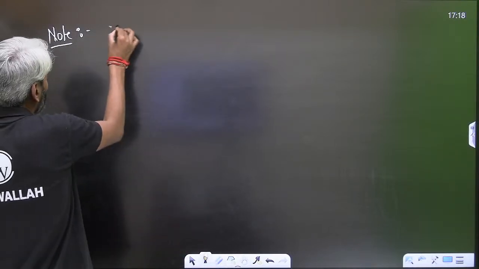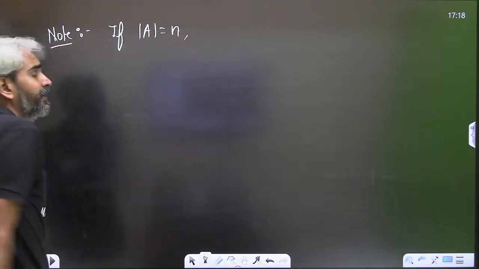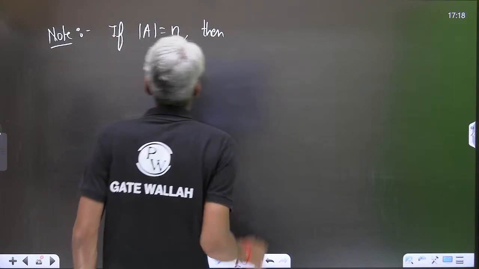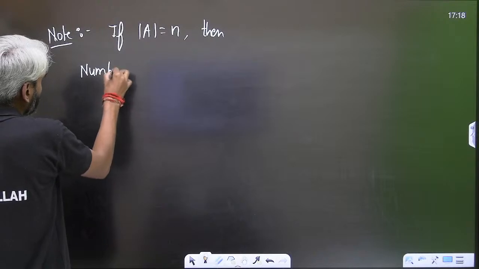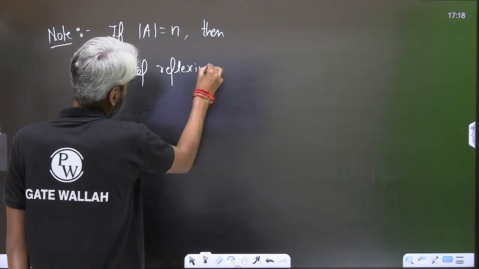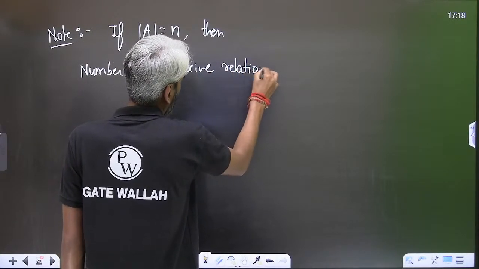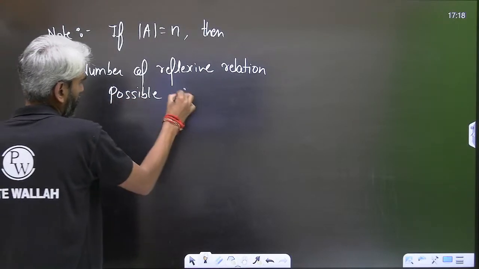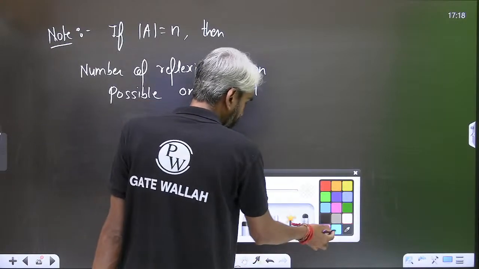If mod A is equal to n, that is, the size of set A is n, then how many reflexive relations are possible on set A?